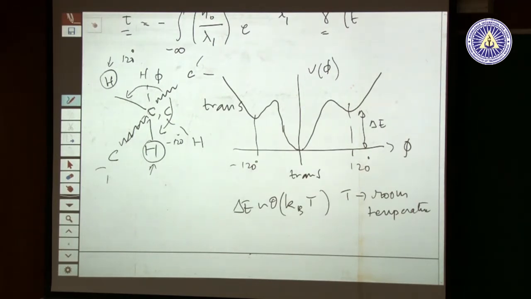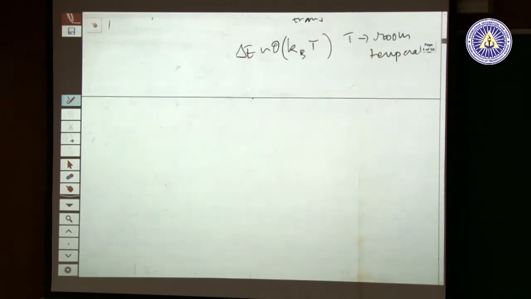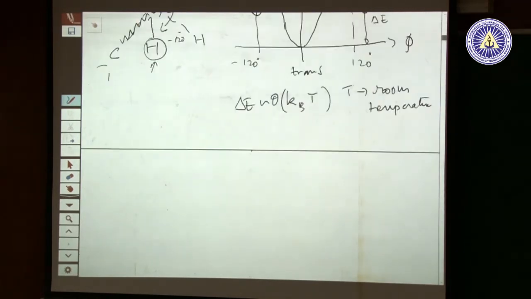So, roughly if you worked out the probability, it turns out 1 in every 5 such carbon bonds are in the gauche configuration. So, you have very many configurations at room temperature where you are going from trans to gauche to trans to gauche and so on, and so it is not rod like, it is highly flexible at room temperature, and that is why you tend to see liquids rather than crystalline solids at room temperature, polymeric melts, and of course if you put them in solution you get polymer solutions.